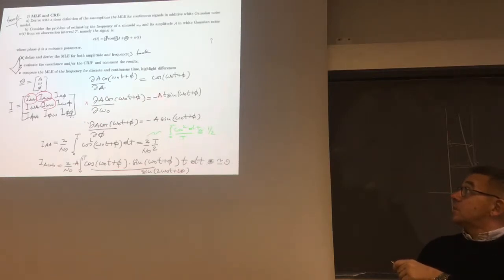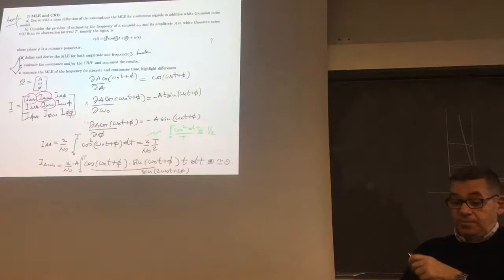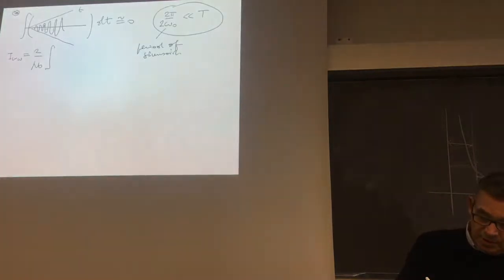So I have A squared, t squared, sine squared of omega 0 t plus phi, dt.